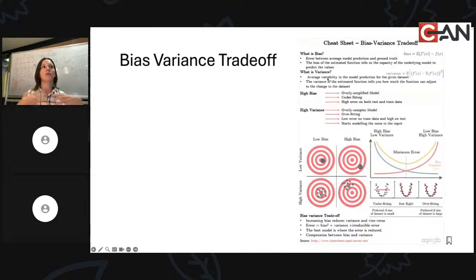Variance is when we look at all of our predictions, how close are they to each other? This is very, very low variance because the predictions are all very close to each other. This is high variance because there's some spread between these predictions.